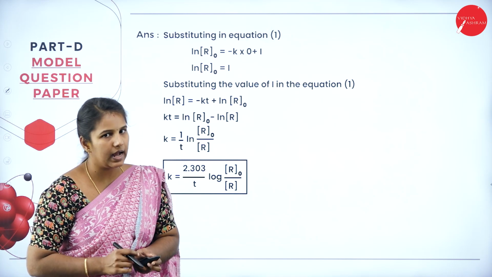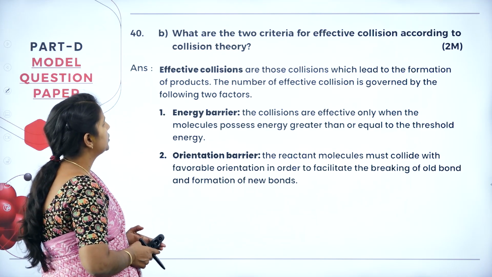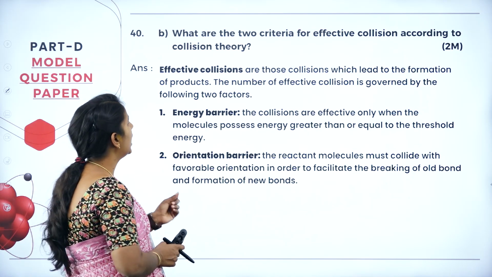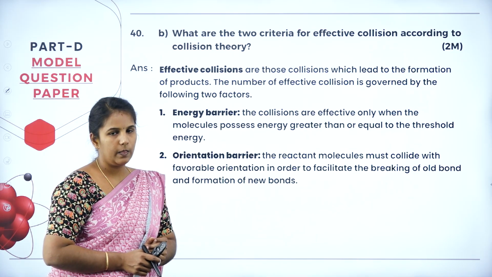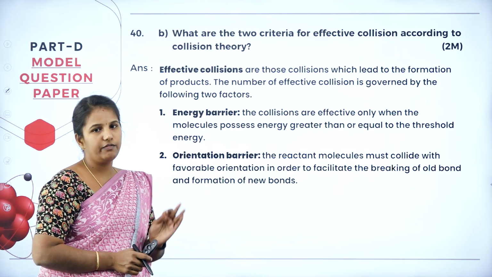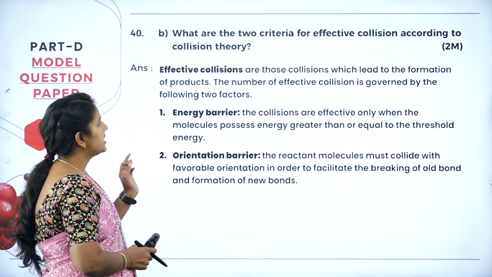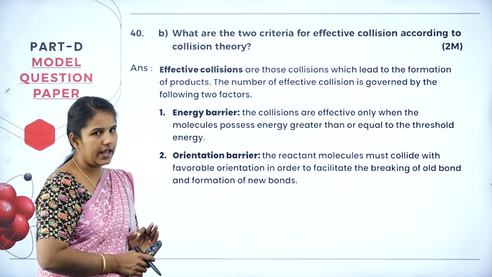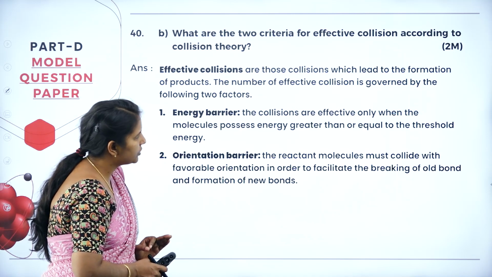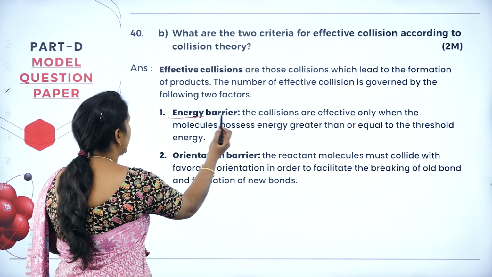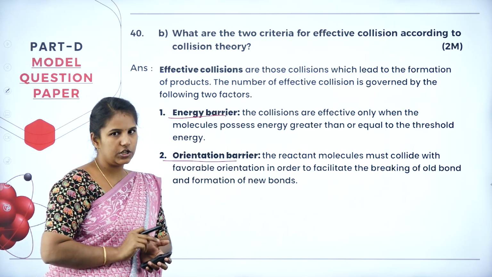Next question. What are the two criteria for an effective collision according to the collision theory? First of all, we must understand what is meant by an effective collision. An effective collision is a collision that leads to the formation of product, and the number of effective collisions is governed by the following factors: one is the energy barrier and the other is the orientation barrier.